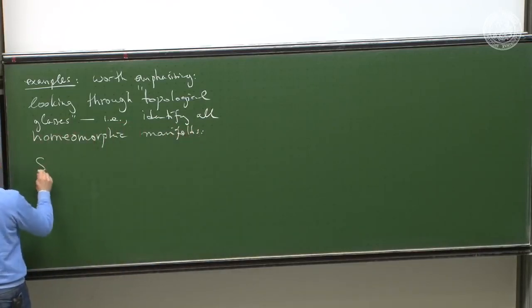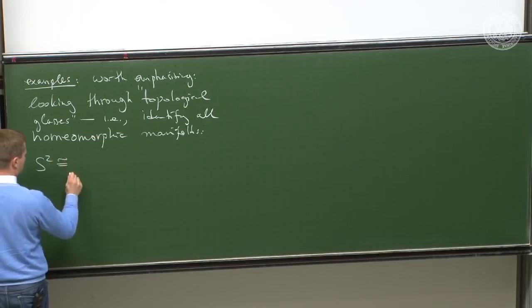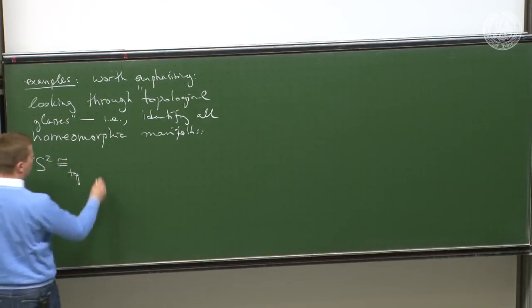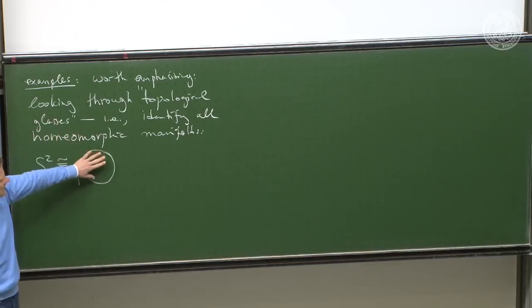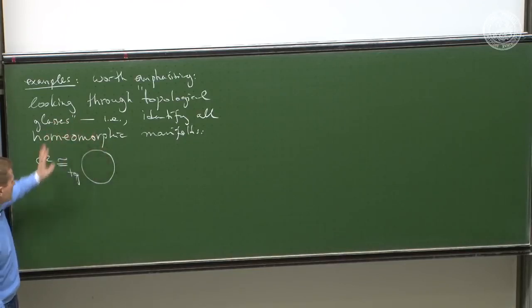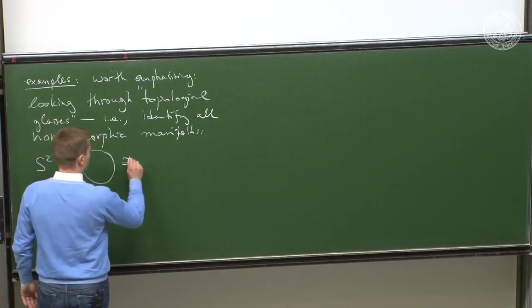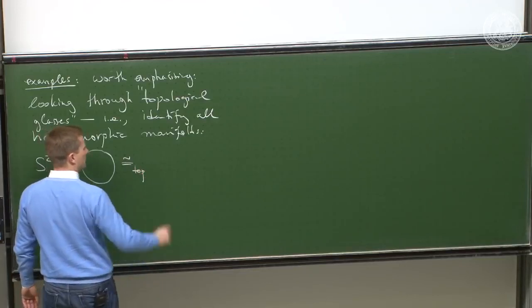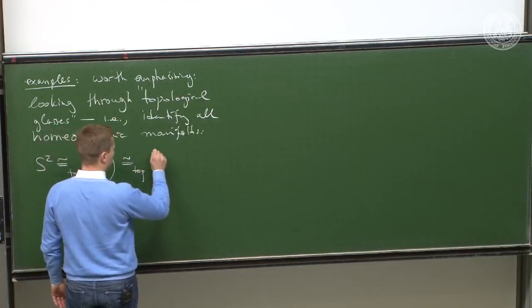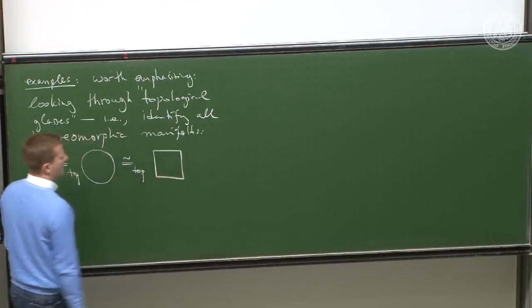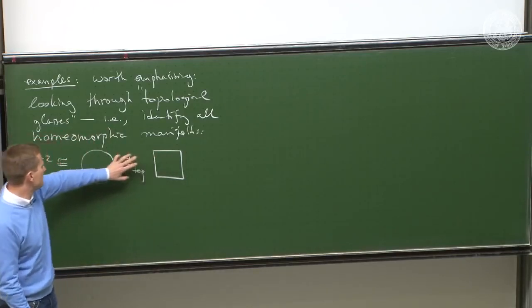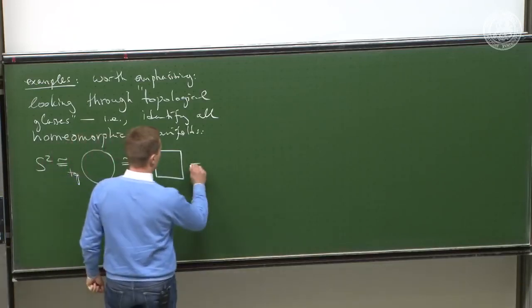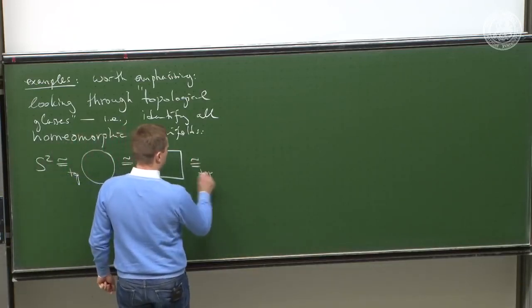We see that, for instance, S2 is homeomorphic to the set, if I think that this is embedded in R2 and it inherits the standard topology from R2. But that's topologically the same as if you drew a square, so it doesn't know shape, right? Because the square can be continuously deformed into the circle and so on.